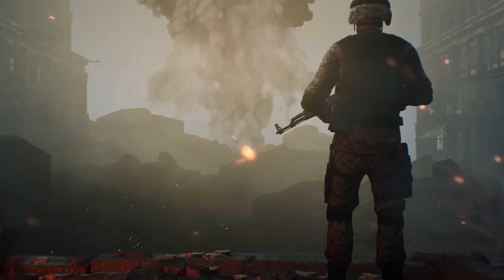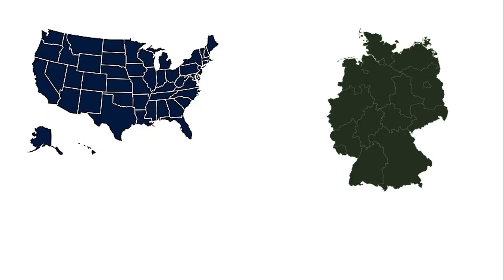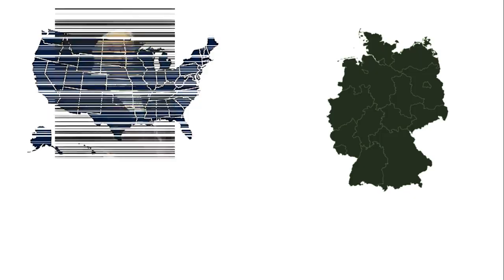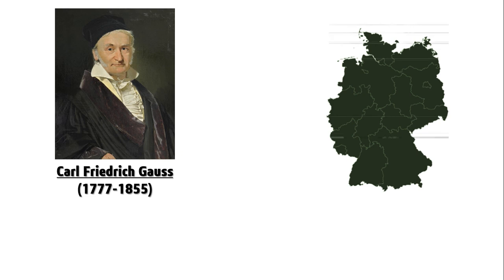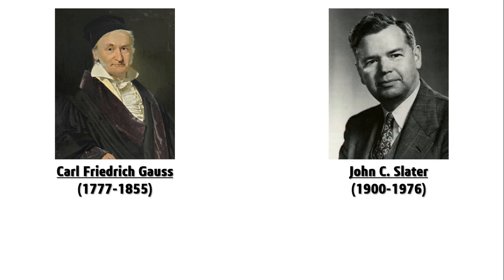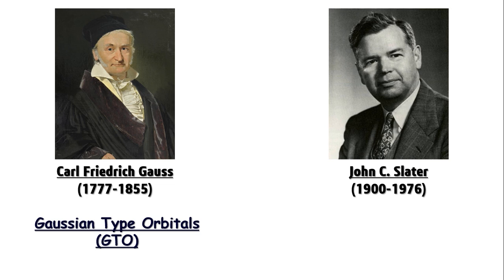Here we are with two astounding scientists from two different countries and two different timelines also: Carl Friedrich Gauss and John Clark Slater. Or more precisely, what we are going to talk about here are the orbitals resulting from their equations, commonly known as Gaussian Type Orbitals or GTO and Slater Type Orbitals or STO.